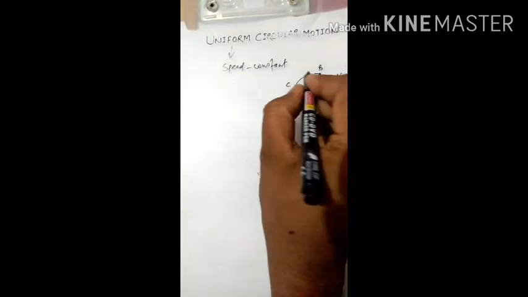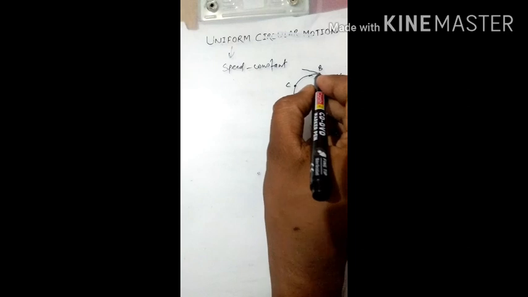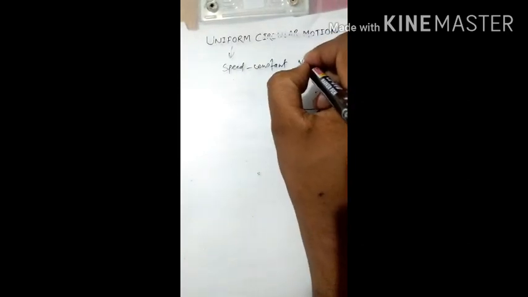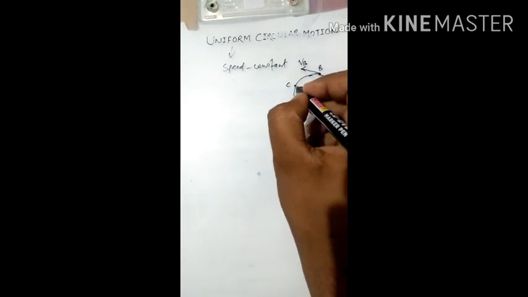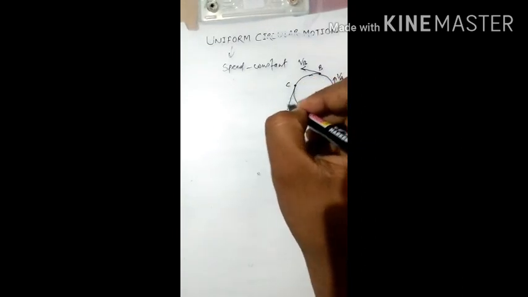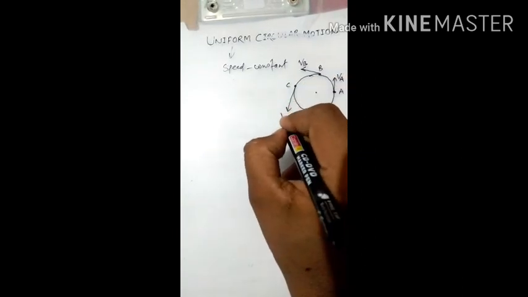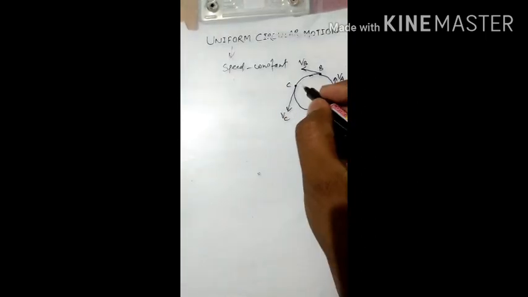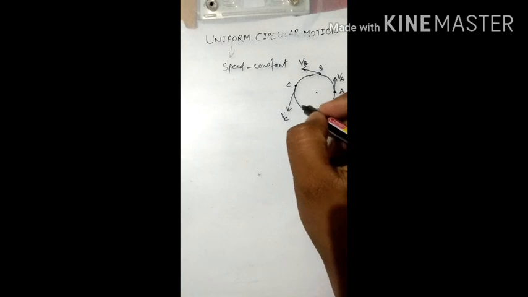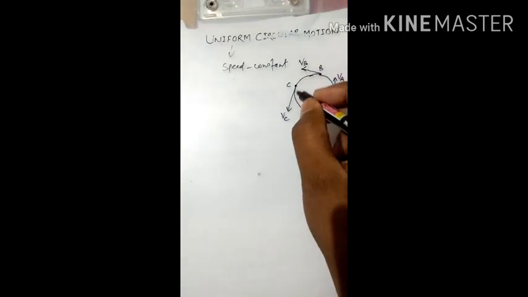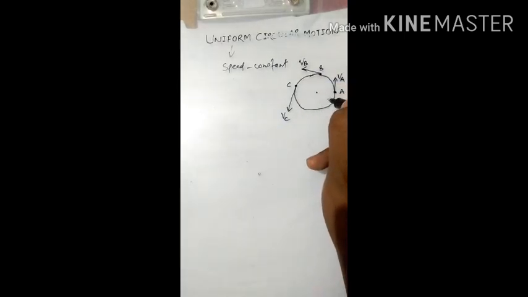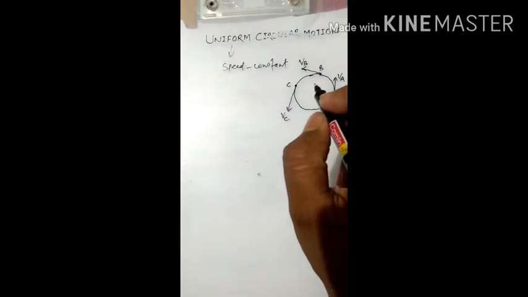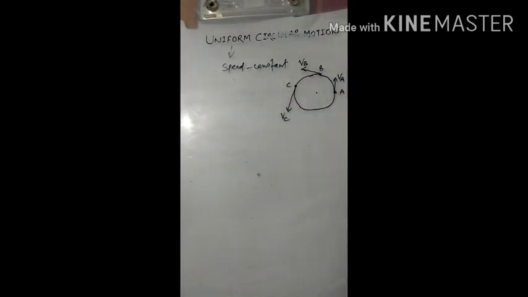At point B, the direction of velocity is represented like this, VB, and at point C it is represented like this. That is, the velocity at any point of a circular path is represented by drawing a tangent at that point.